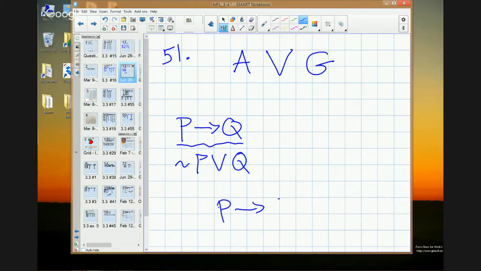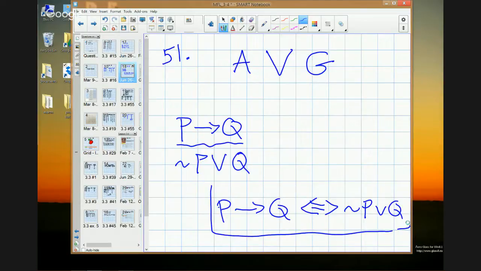It's coming in one of these assignments. I don't remember exactly where. That is equivalent to not P or Q. Well, then we would have known right away. Okay, so this turns out to be really important when we get to the end of the chapter, but we haven't had a chance to teach that yet.